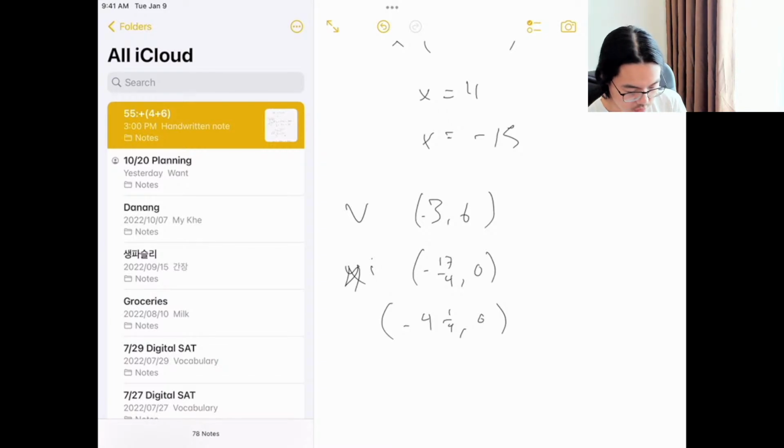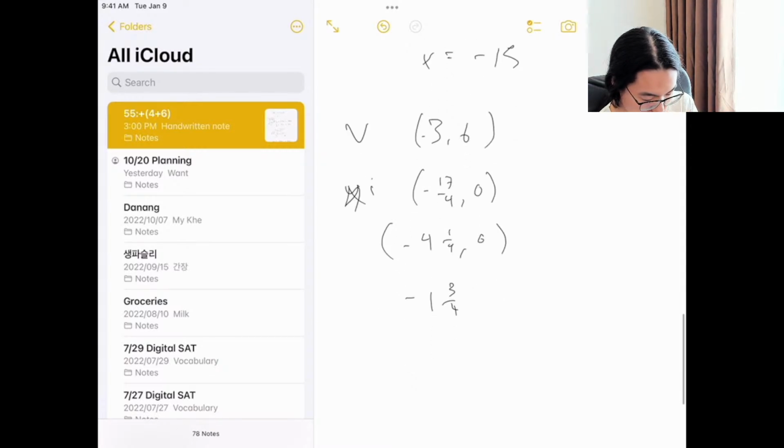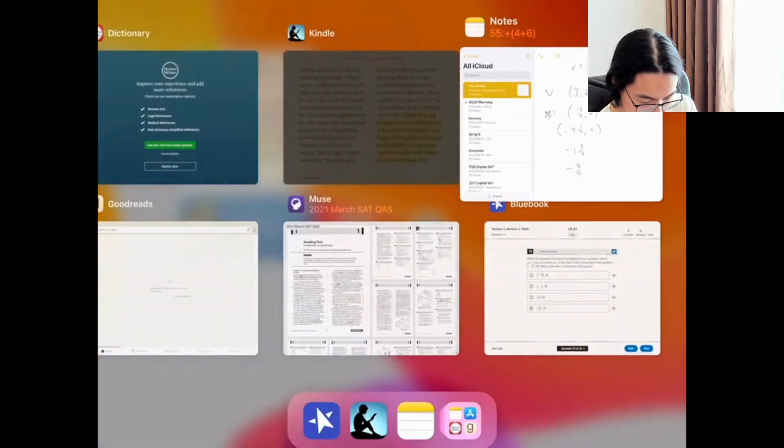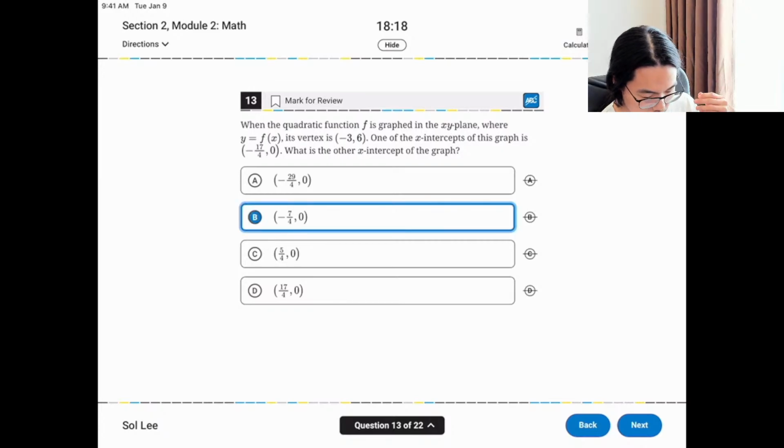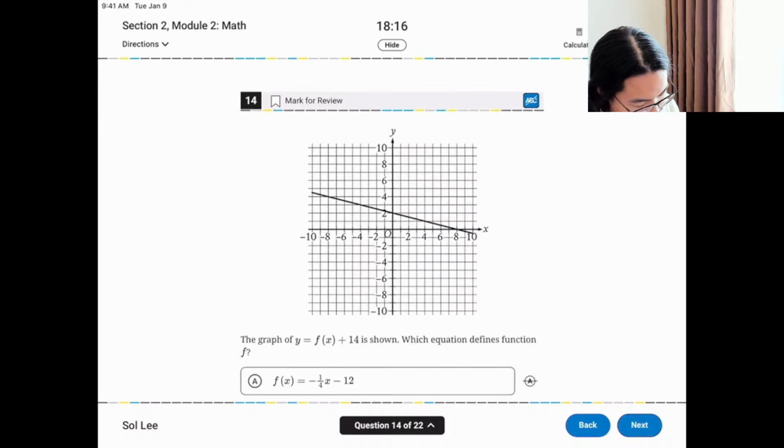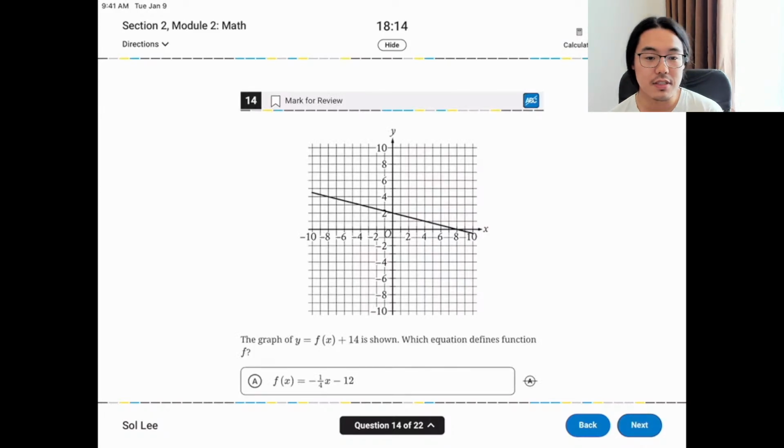So it has to be 1 and 1/4 in the other direction. So what's 1 and 1/4 in the other direction? Minus 3 plus 1 and 1/4 is equal to minus 1 and 3/4, so that is equal to minus 7/4. So I got my answer. I don't actually have to use the formula for this. That idea of symmetry just helped.